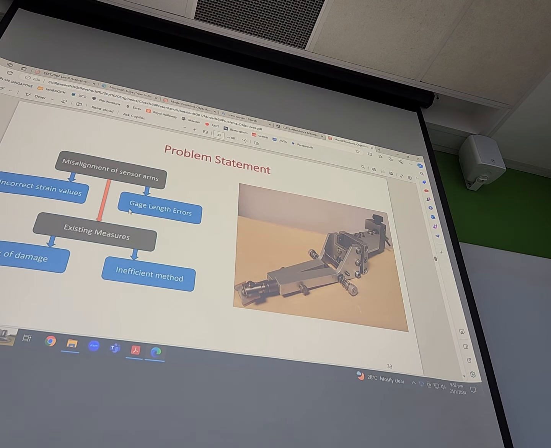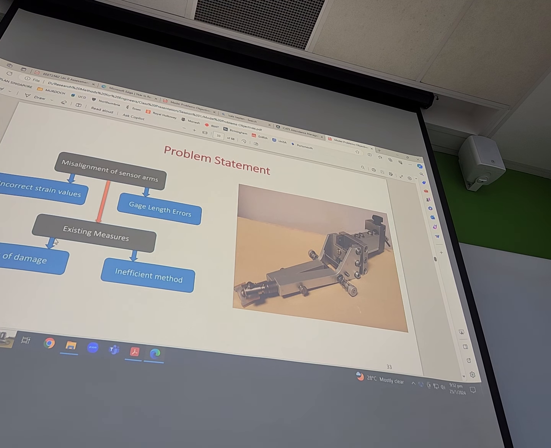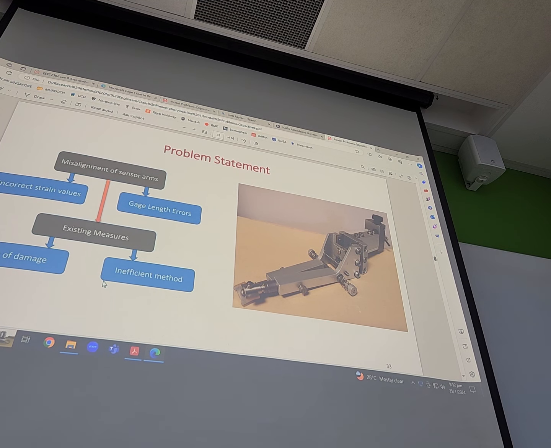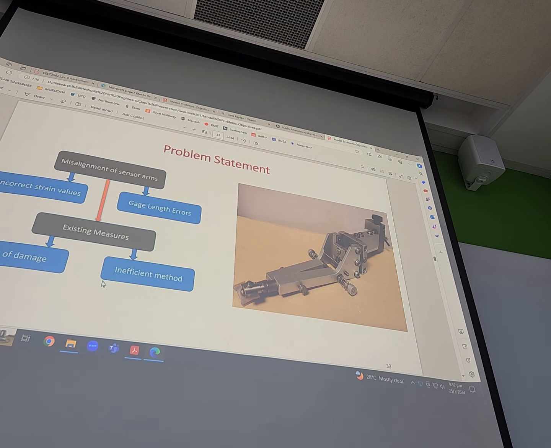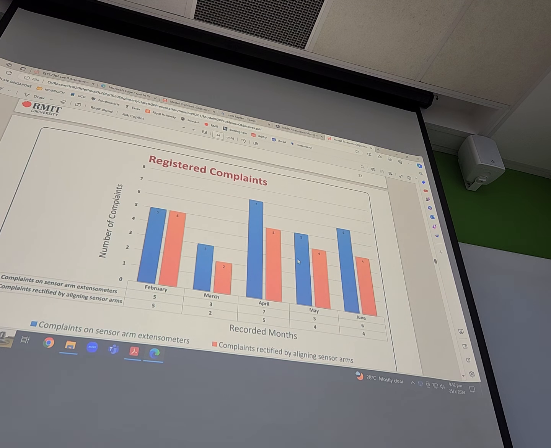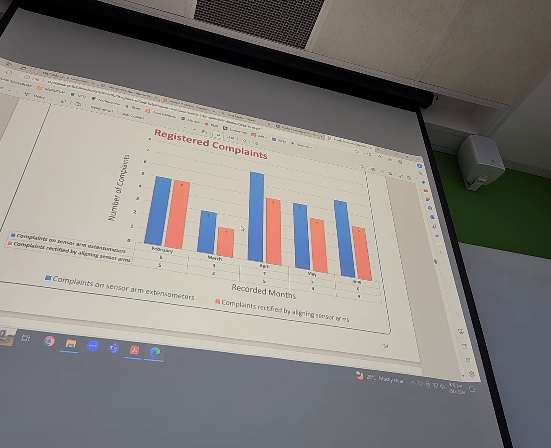So there could be errors, incorrect strain values, then risk of damage. There are many problems associated with the alignment, so it takes time. The main objective here is that you come out with a jig or a fixture.